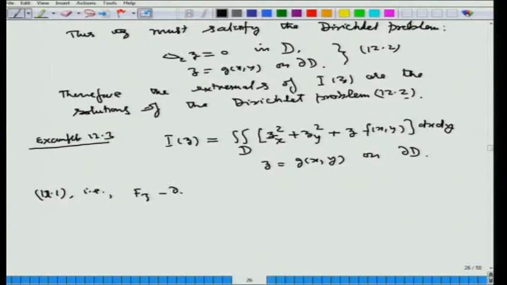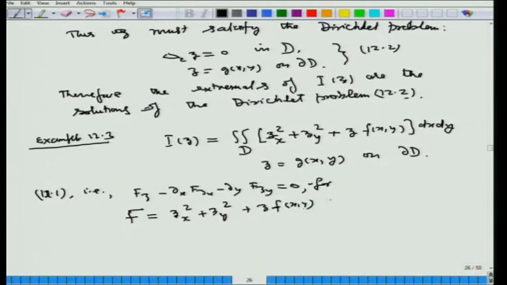that is f z minus del x f z x minus del y f z y equal to 0, for this f, which is z x square plus z y square plus z f x y, gives f z equal to small f x y, and then minus del x of 2 z x minus del y of 2 z y equal to 0.